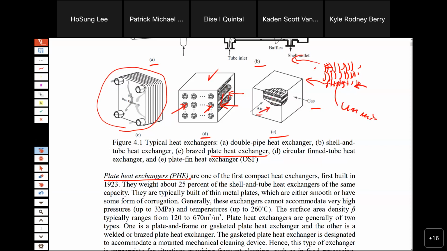This is a mixed, unmixed. It's mixed. The air goes here. It's a little go out. Do you think this is mixed with the bottom?